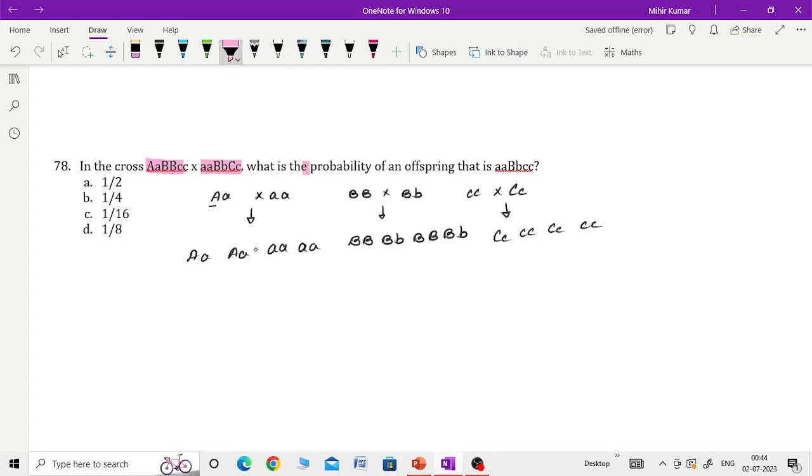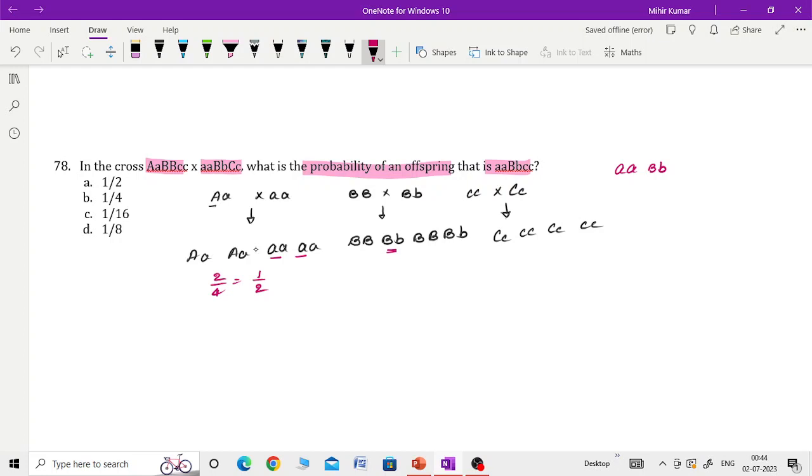The question is the probability of an offspring that is small a small a, capital B small b, and small c small c. The small a small a probability is 2/4, out of the 4 only 2 genotypes are small a small a, meaning 1/2.